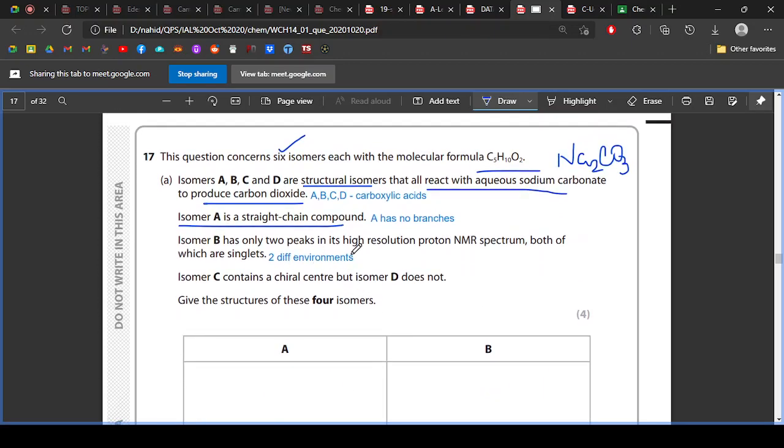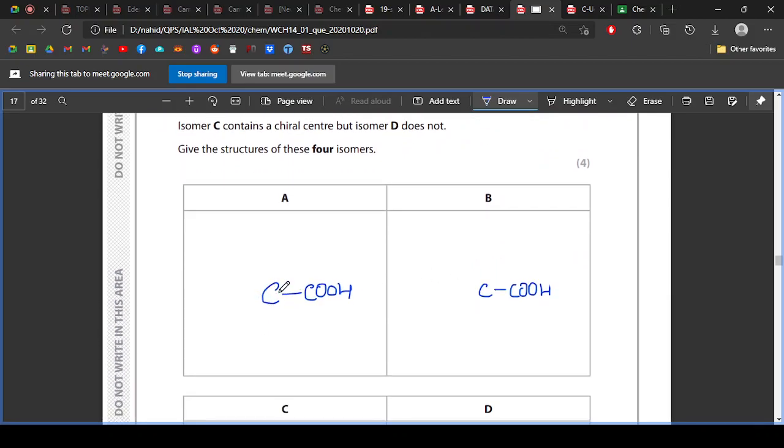Now, remember they told us that A has no branches. If A has no branch, I can just keep on adding CH2. I have no need to do any calculations. I just straight up add five carbons.